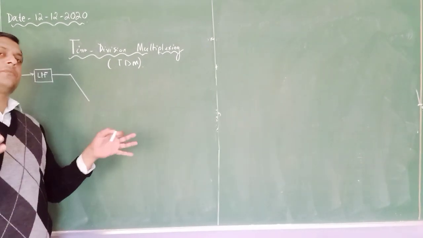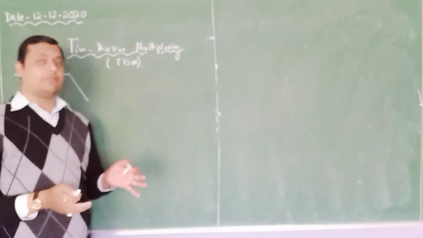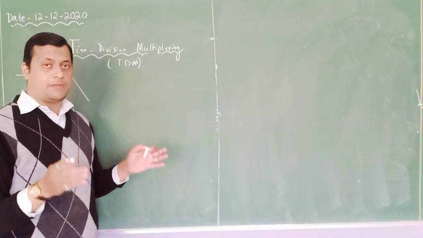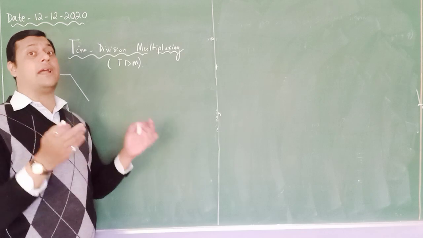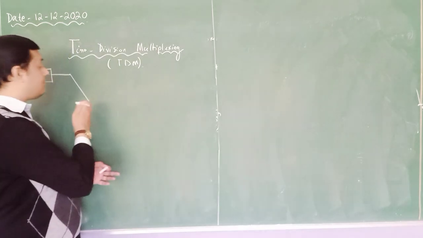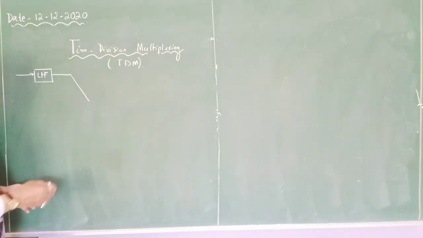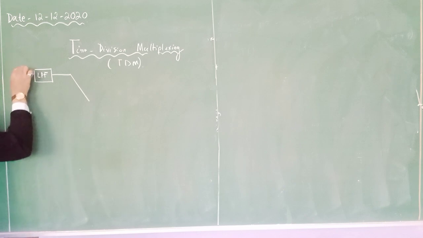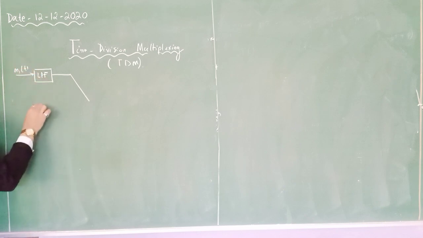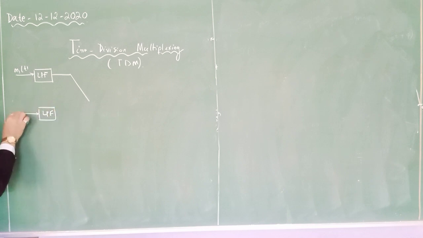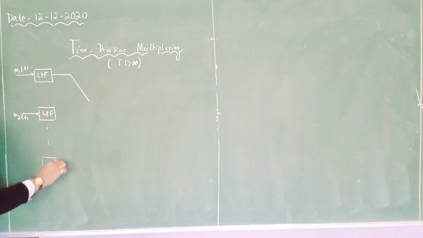If a signal is provided, up to what bandwidth we can consider needs to be identified, and it is identified with the filtering technique. So LPF, here I am providing M1 of t. Then this is one more LPF in which the message component is M2 of t. Dot dot dot. There are n number of message components, Mn of t.